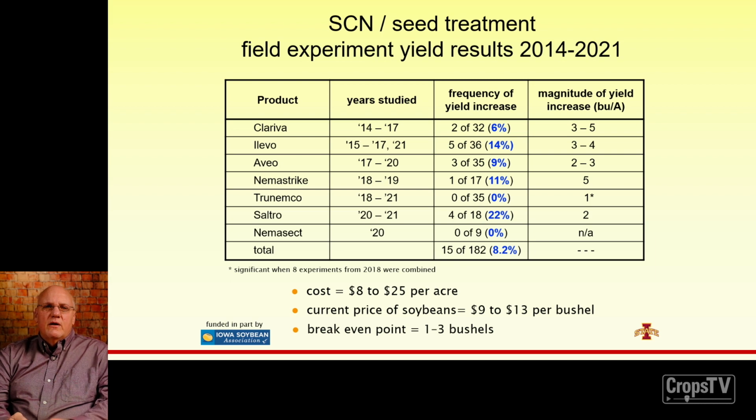And when you look at the right column on the table, more often than not, when there is a significant yield increase, it more than pays for the product. And so the thing we struggle with is how to figure out when to get better positive results. Some of it might be, as I mentioned earlier, due to our experimental methodology, but I do think there's some local conditions that affect the likelihood that any individual seed treatment is going to provide a positive yield response.